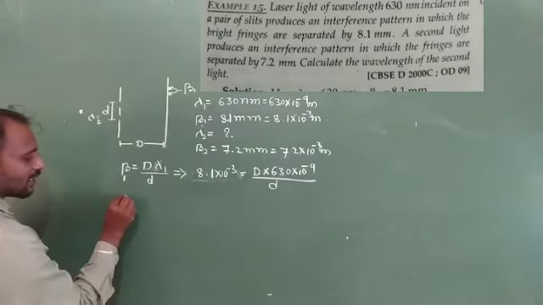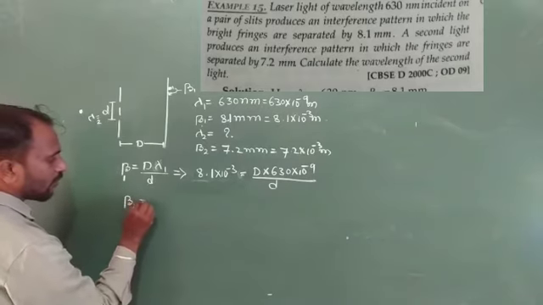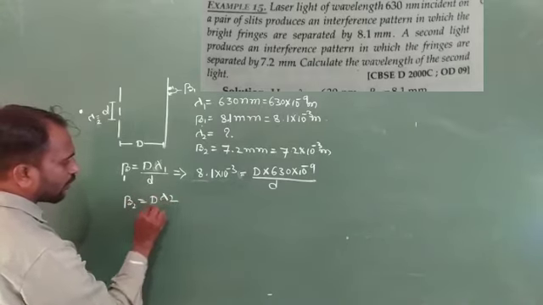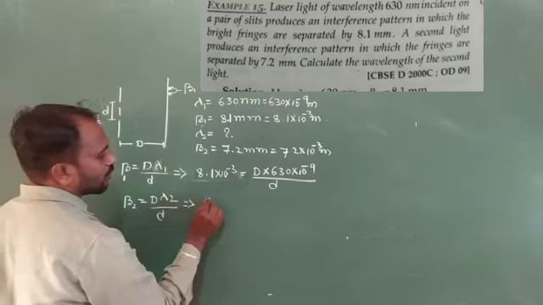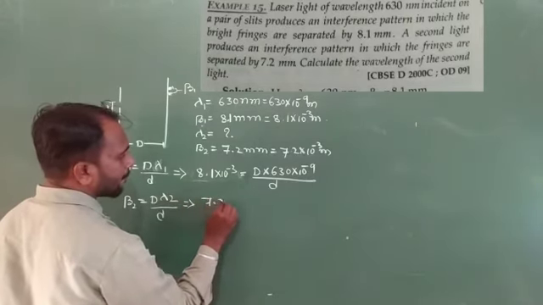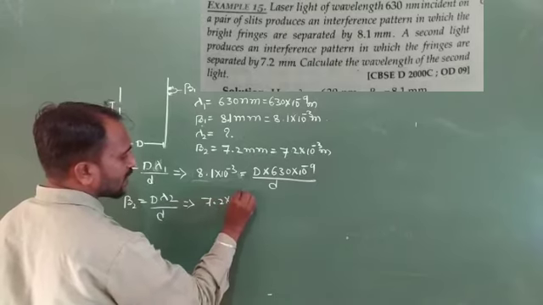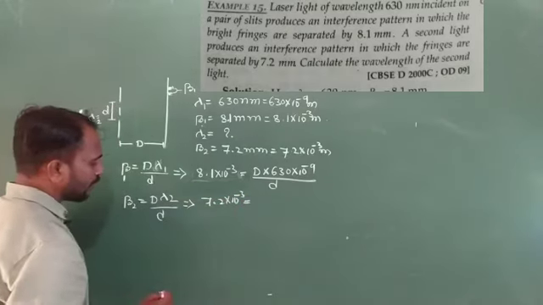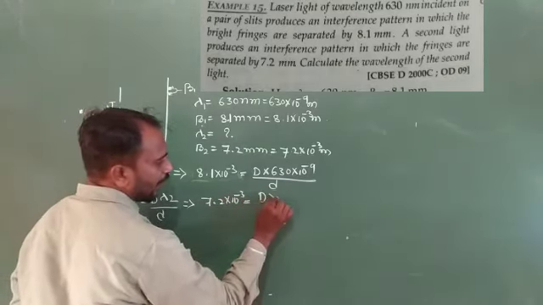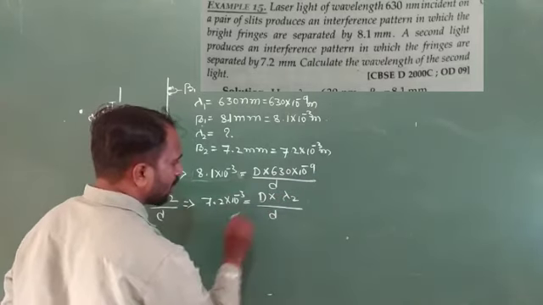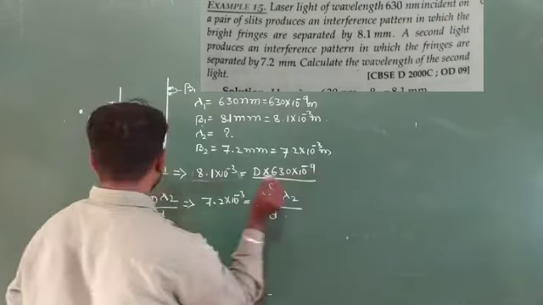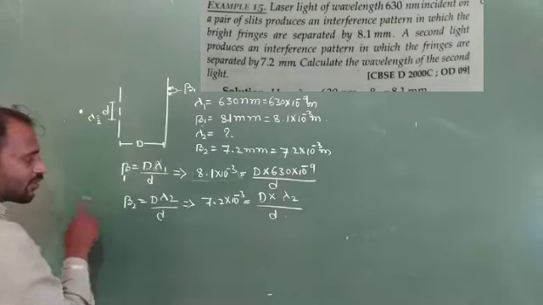And next we consider beta 2 is equal to D lambda 2 divided by small d. Here beta 2 value 7.2 into 10 power minus 3 is equal to D as it is, into lambda 2, which we want to calculate, divided by small d. Okay, so here we consider equation 1 and equation 2.